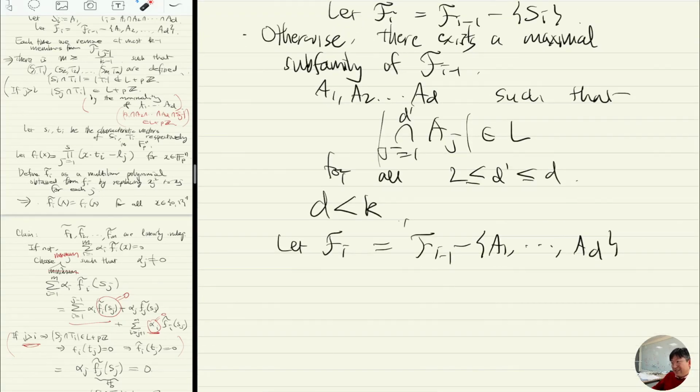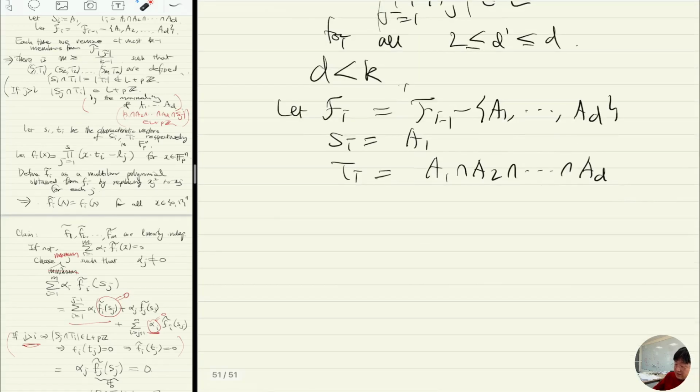Alright, so that's it. I didn't define, in this case, S_i is A_1 and T_i is the intersection of all of them, so A_1 intersect A_2 intersect and so on. It's the same way. Now we obtain S_1, T_1, S_2, T_2. How far can we continue?